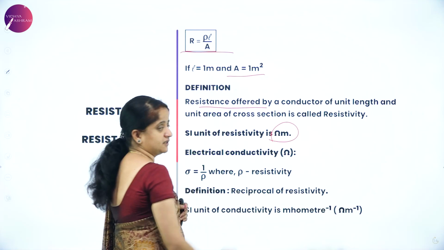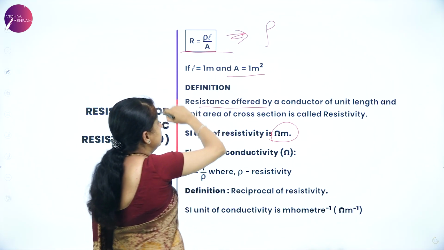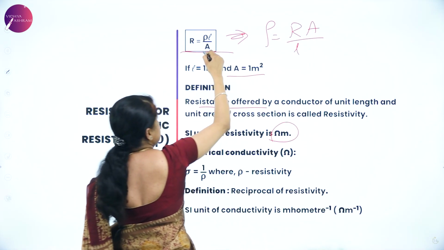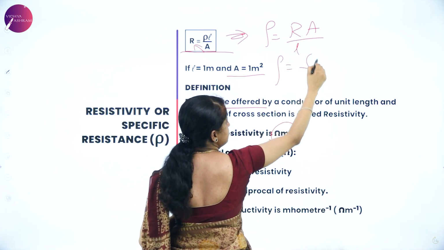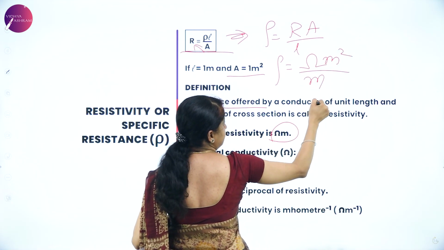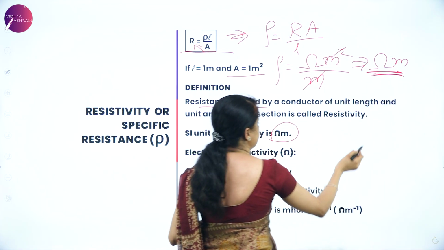It is ohm meter. From this expression, resistivity is given by R A divided by L. Then rho is equal to, what is the unit of resistance? It is ohm, the area unit is meter square and the length is meter. So 1 m and 1 m get cancelled and we remain with ohm meter.